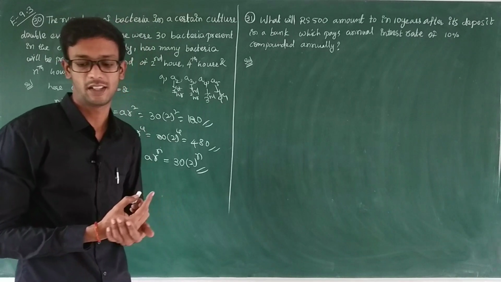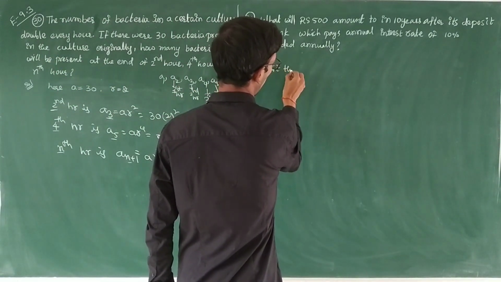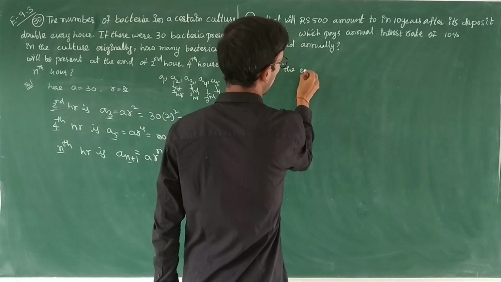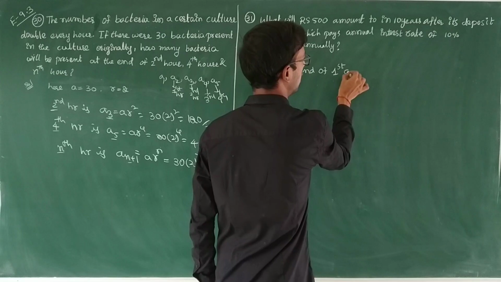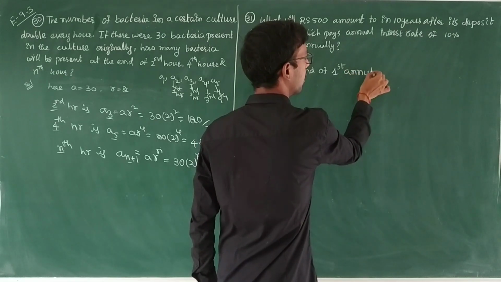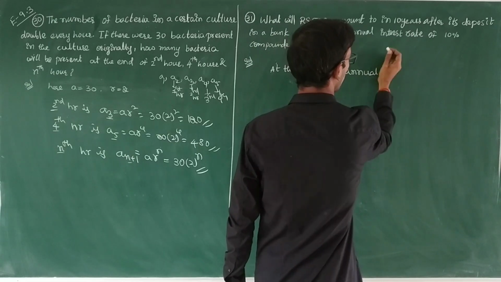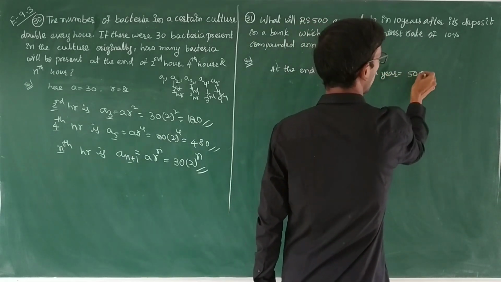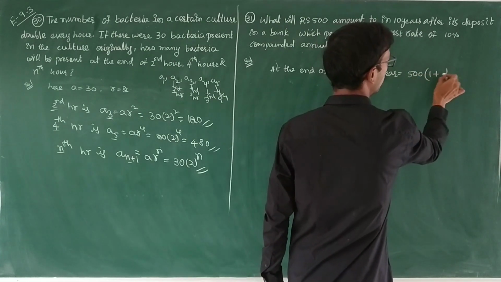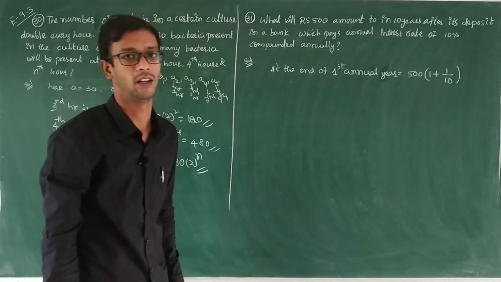At the end of the first annual year, the principal into 1 plus 1 by 10. Why?